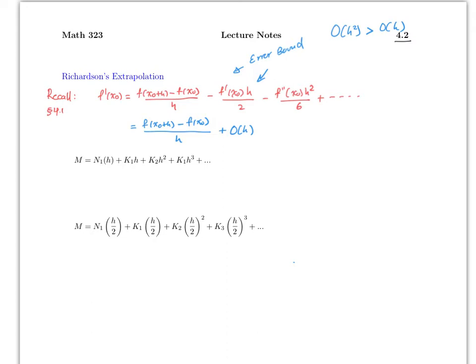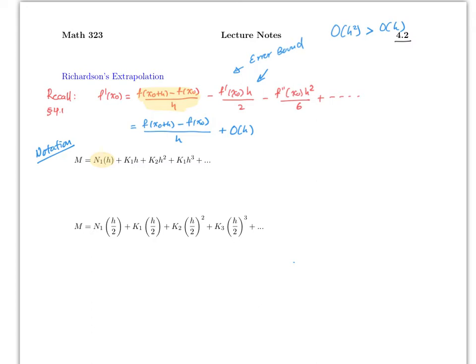Now the notation is a little confusing at the beginning, but you technically already know what this means. So this is the notation, and we just call it M for lack of a better name for the extrapolation. But notice the method we're going to use is going to be called M1 of h. So if we use forward differences, this will be M1.